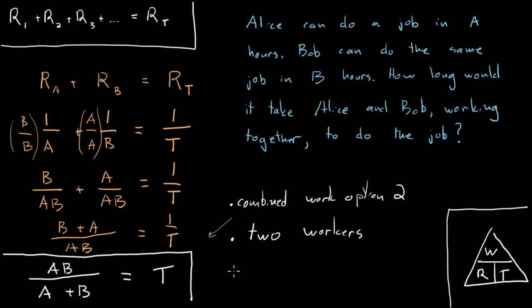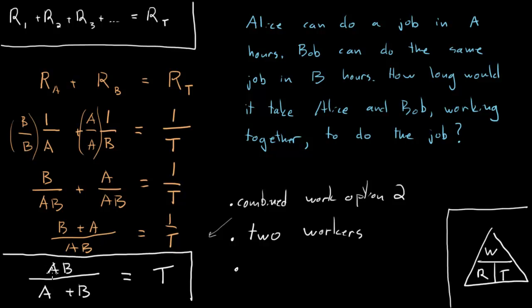And finally, as with all formulas, we've got to keep in mind exactly what these variables represent. We started with the rates, and then we said, to get those rates, Alice can do one job in A hours, and Bob can do one job in B hours, and together the rate is one job in T hours.